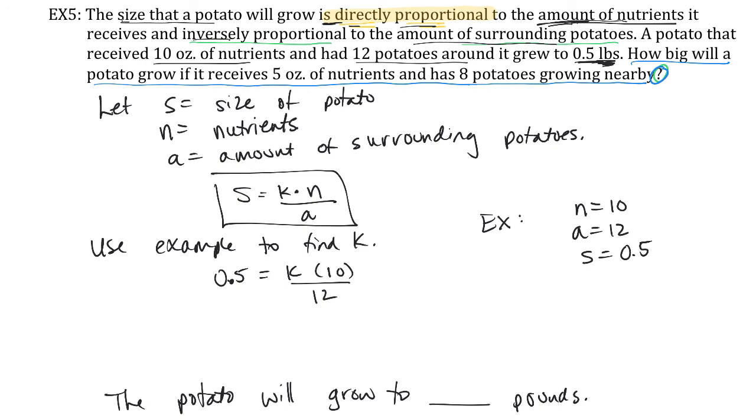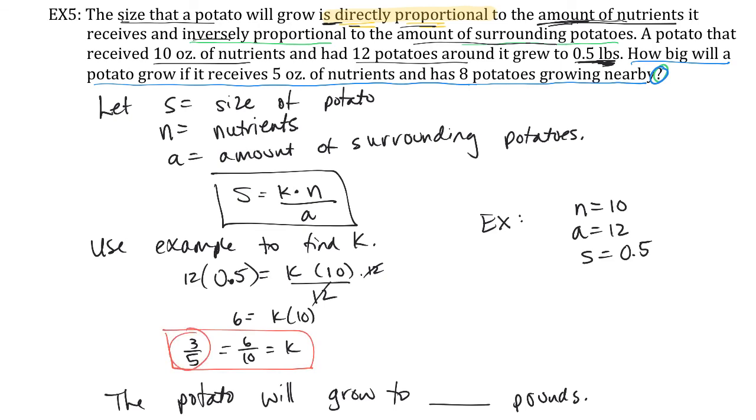Good. All right, so I'm going to just multiply both sides by 12. Half of 12 is 6. Dividing by 10, we get 6/10 is equal to K, and that would simplify to 3/5.